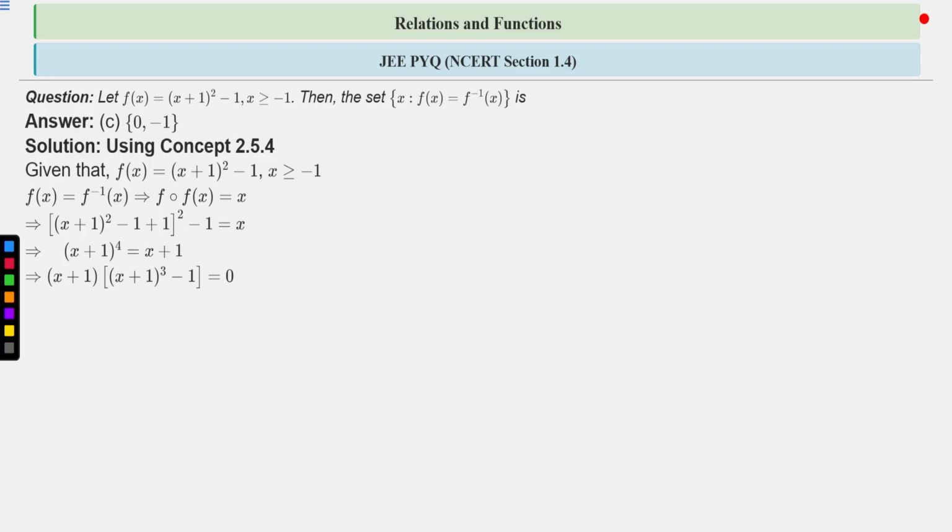When we move x+1 to the left hand side, we can take x+1 as common, and we get (x+1)((x+1)³ − 1) = 0. Clear? So how can we find the value of x? One value of x will be −1. So x will be equal to −1 or 0. Got it? So the required set is 0 and −1. Got it?